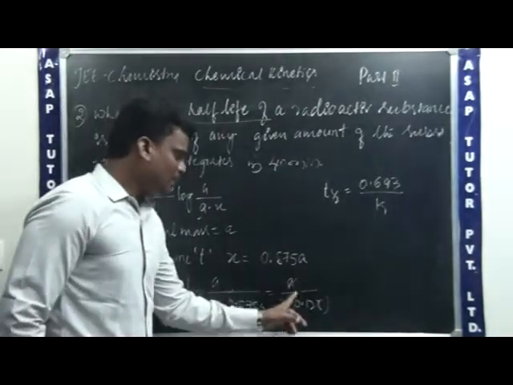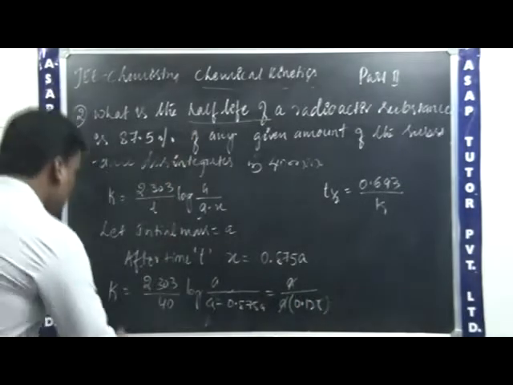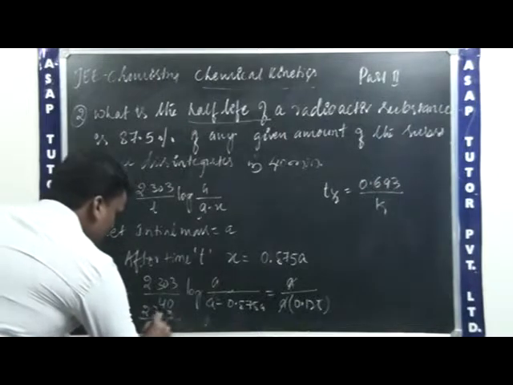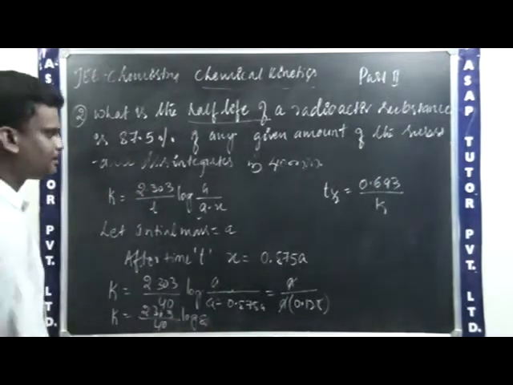Then 1 divided by 0.125 becomes 8. Therefore, K is equal to 2.303 divided by 40 into log 8.